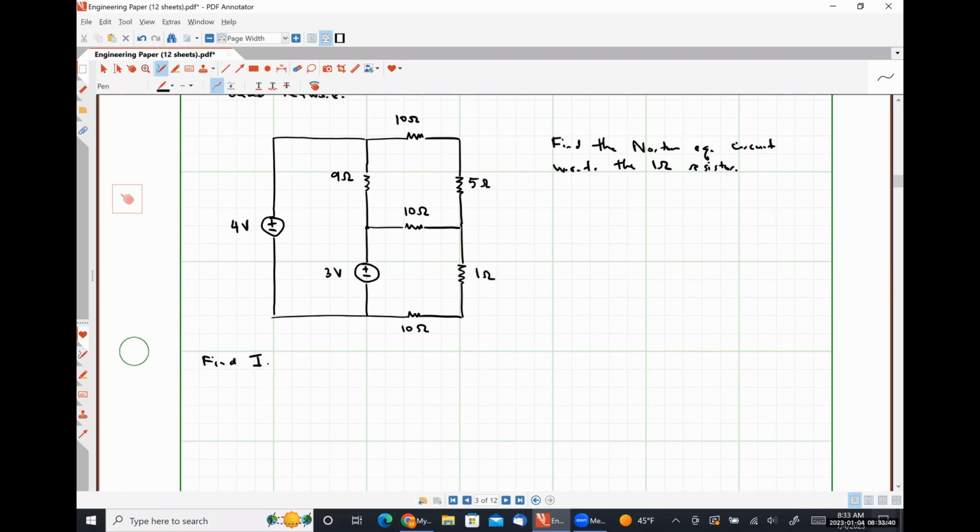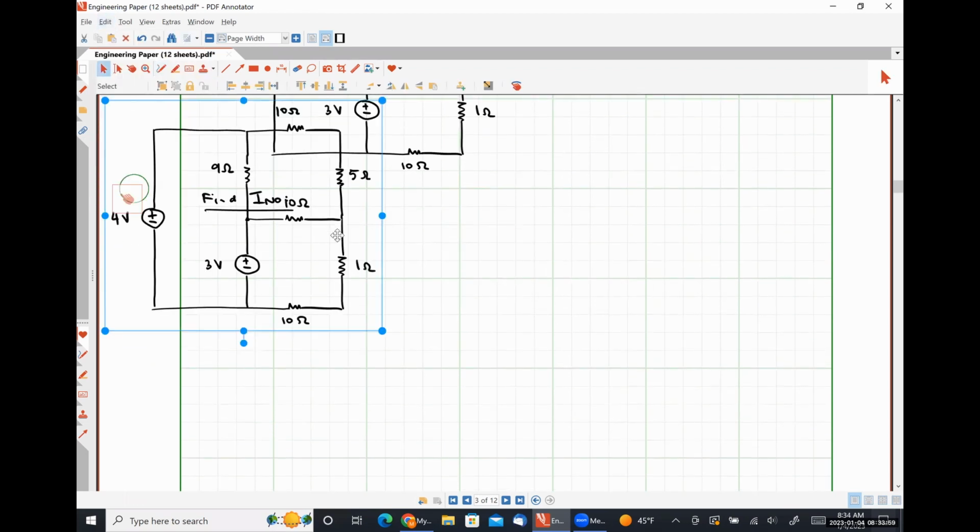So the only thing that we're going to do here is we're just going to find I Norton. Because finding R Norton is pointless because we've already found R Thevenin, right? Since R Norton and R Thevenin are literally the same thing, why bother finding it twice?